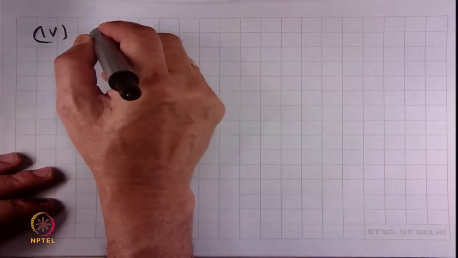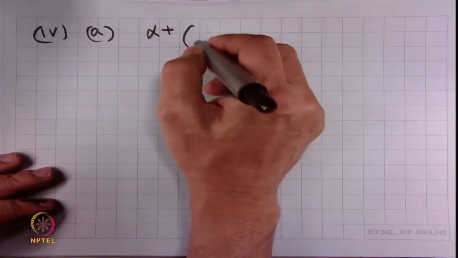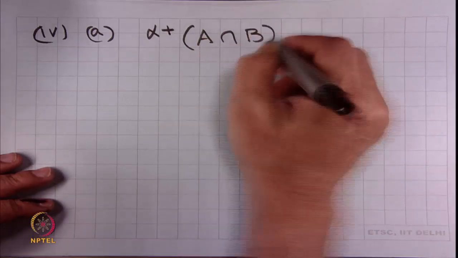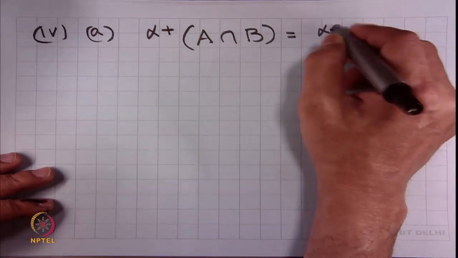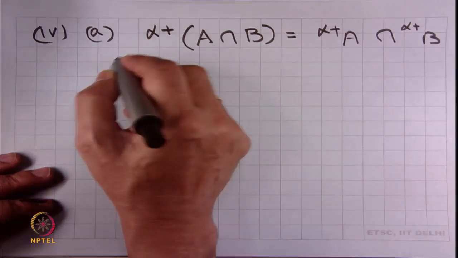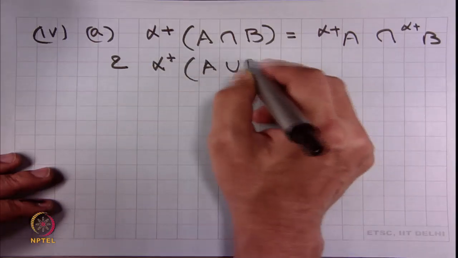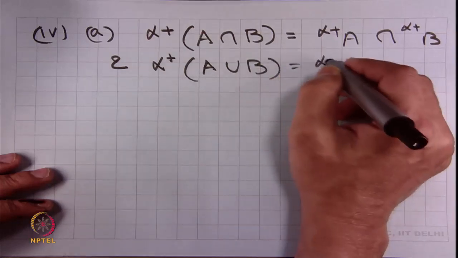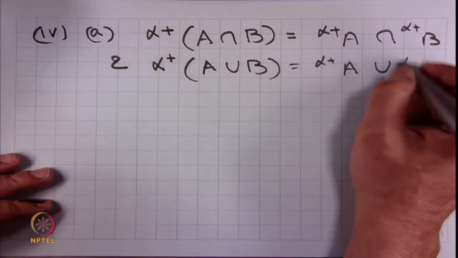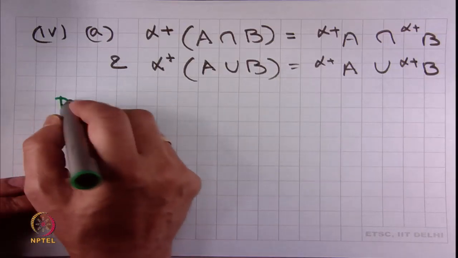That is, alpha plus of A intersection B is equal to alpha plus of A intersected with alpha plus of B, and alpha plus of A union B is equal to alpha plus of A union alpha plus of B. Prove yourself.